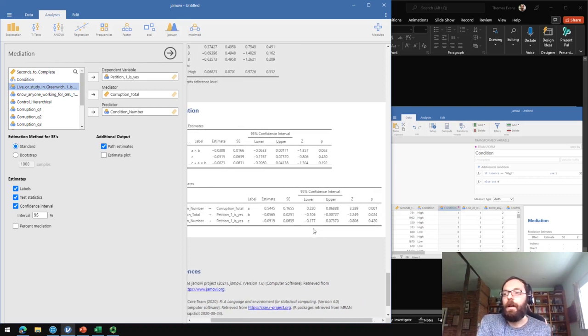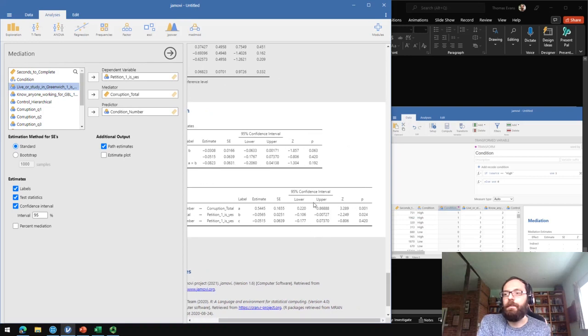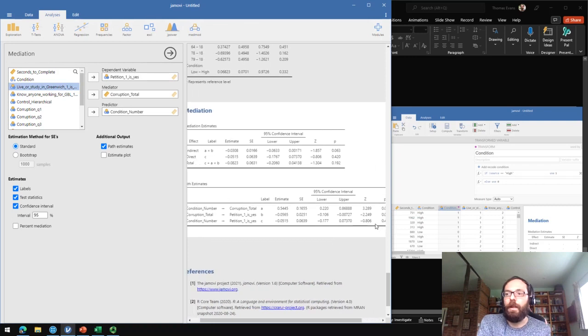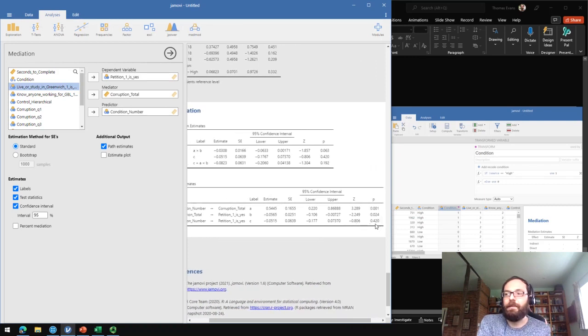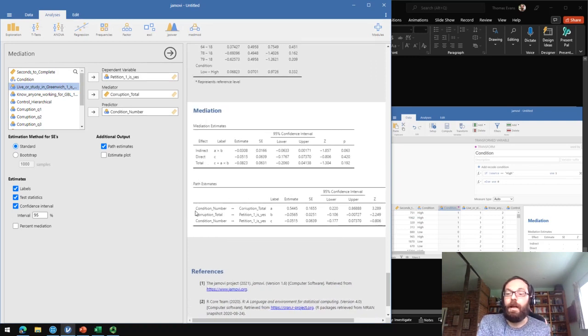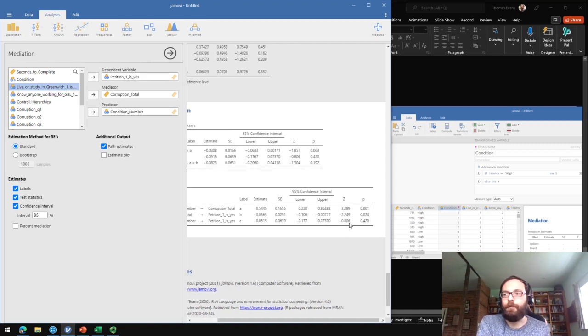When we go to our kind of effect sizes and our p-values, we can see here that the first relationship, A, is statistically significant. And this replicates or kind of reproduces what we found earlier, which is which condition you are in does impact your perceptions of corruption. So that's grand.